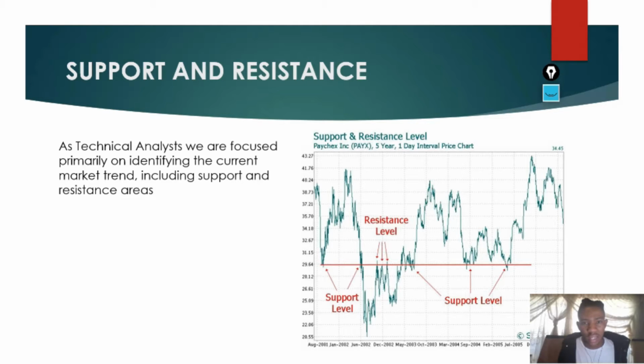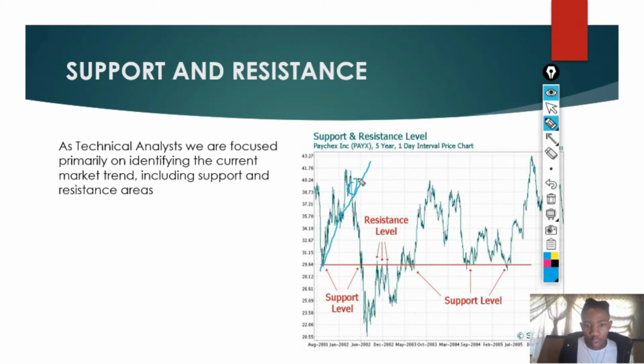It's easy to enter into a trade, but to exit is harder, because what people do is they enter into a trade and they let their losses run. They don't have an exit strategy, which is something that you need to cut your losses while they're still short. Let me say that you entered your buy here. You made your analysis and you thought it was going way up for a buy.